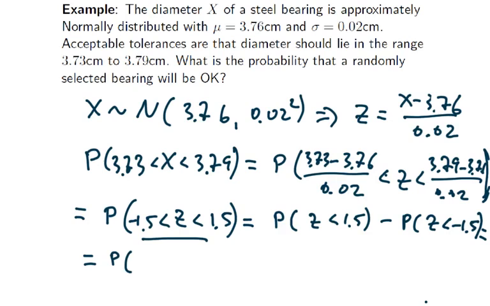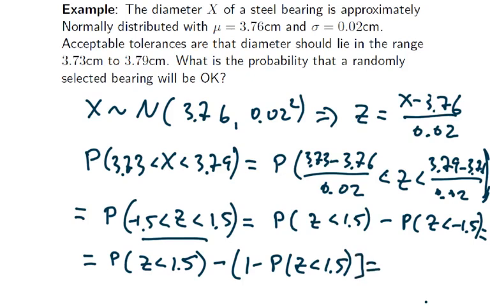And this now equals to this probability. First probability we can find from the table for normal distribution. And next one, as we remember, this is equal to 1 minus probability that z is less than 1.5.